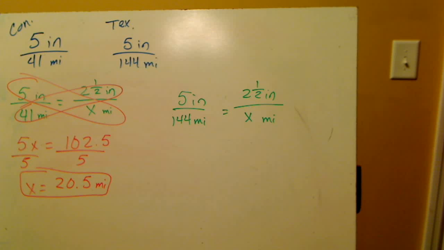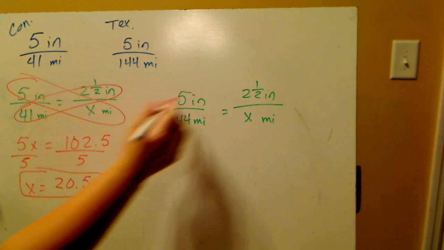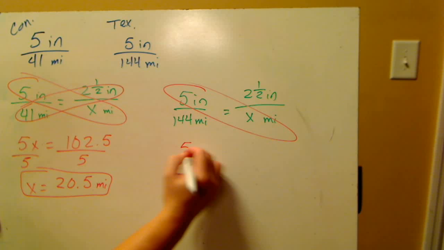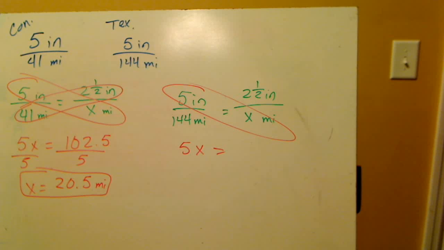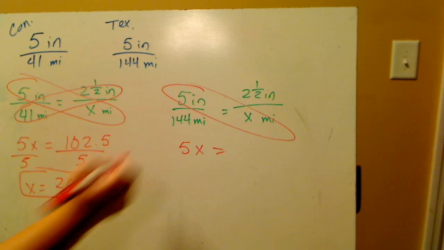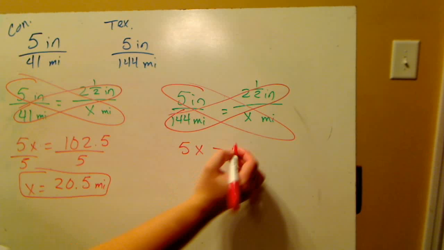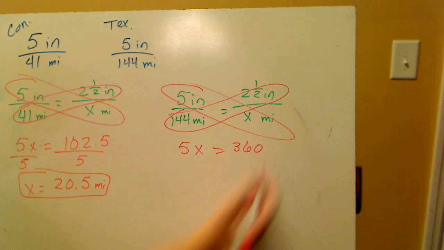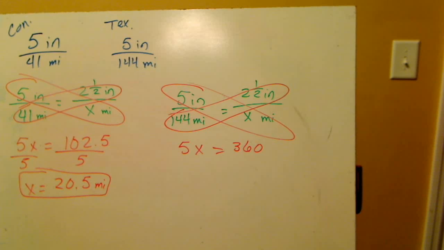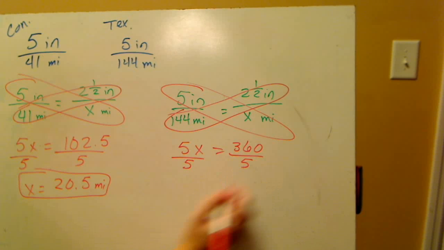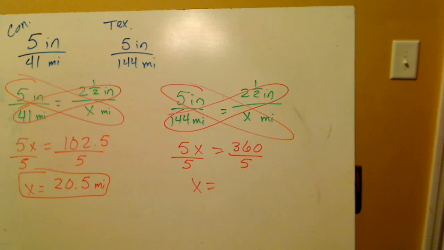So we're going to solve it the same way. We're going to cross multiply once again. 5 times x is 5x equals 144 times 2 1/2, which gives me 360. Again, this should look familiar, so we're going to divide by 5 on both sides. And then my x should equal 72 miles.